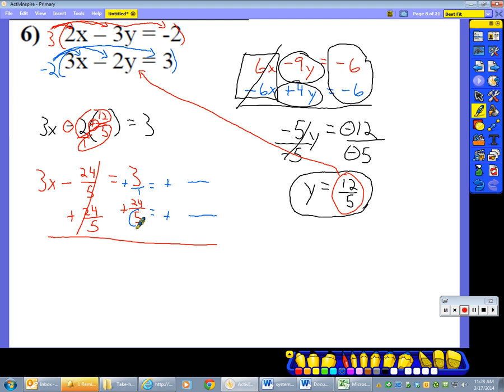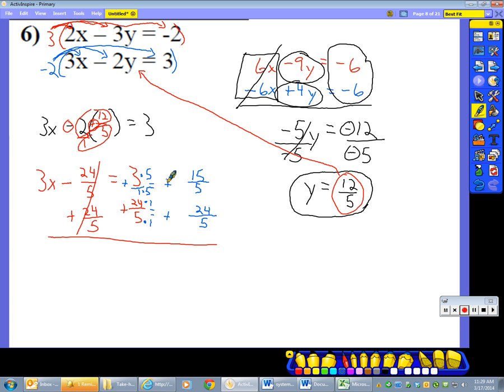A common denominator, a number that both 5 and 1 will go into, is 5. So I'm going to multiply this bottom number times 1, because 5 times 1 equals 5. Therefore, 24 times 1 equals 24. And then 1 times 5 equals 5. So I need to multiply the numerator times 5. 3 times 5 equals 15.